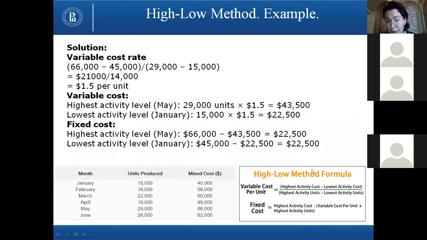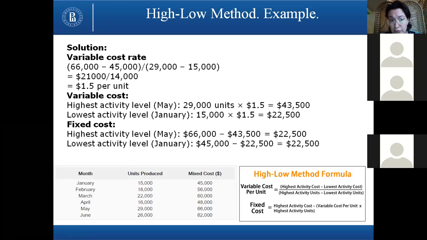So what is the highest activity cost? We have the highest activity cost in May. In this month we had the highest quantity of units produced and highest mixed cost.